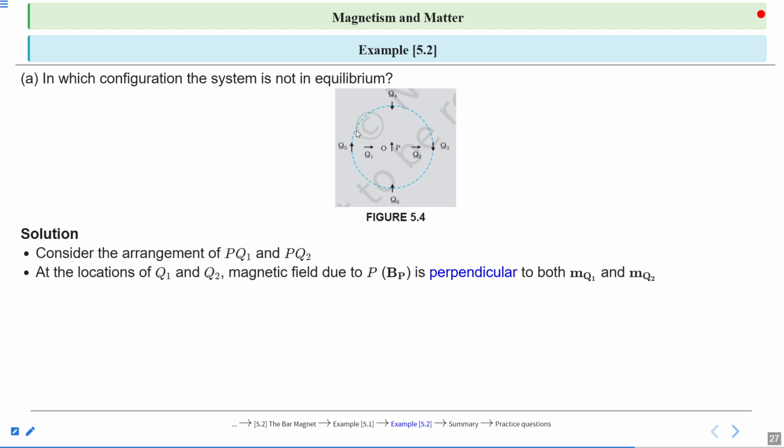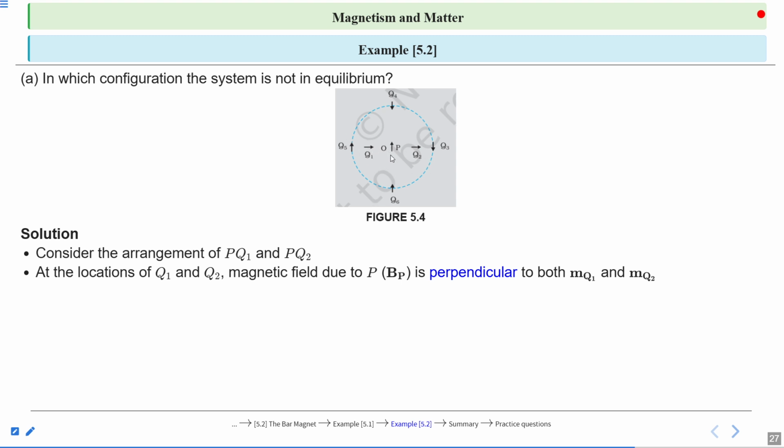So at the locations of Q1 and Q2, the magnetic field due to P, that is BP, is perpendicular to both MQ1 and MQ2. What is MQ1? The magnetic moment of the Q1 needle and the magnetic moment of the Q2 needle. That arrow is showing the direction of the magnetic moments.